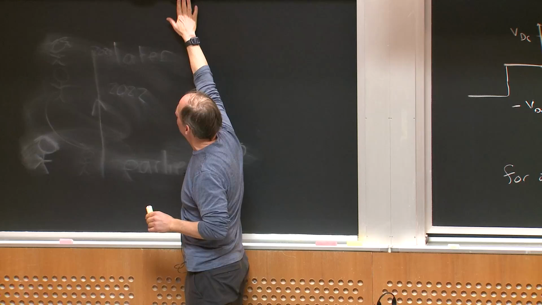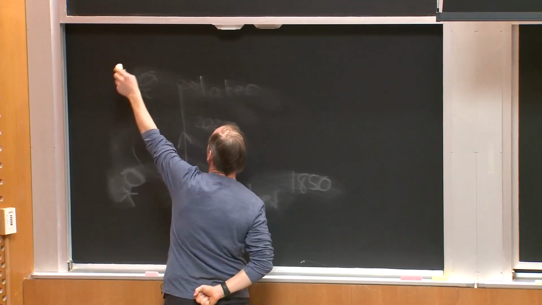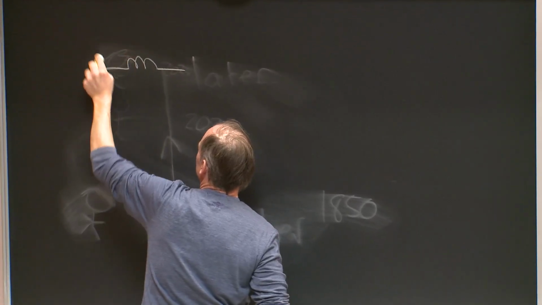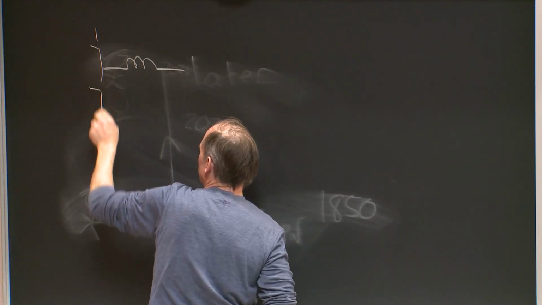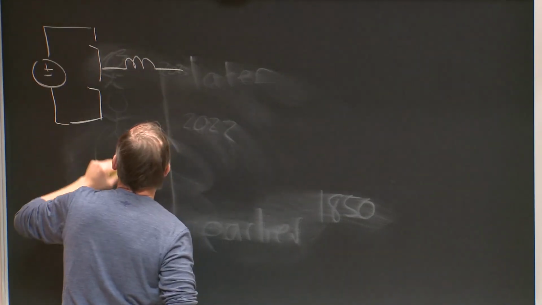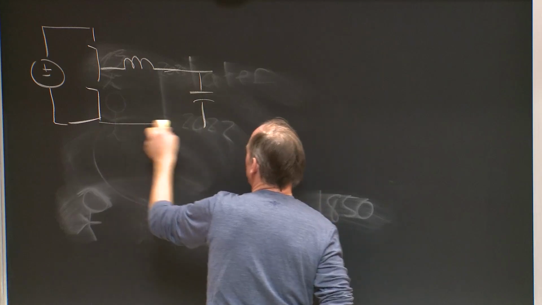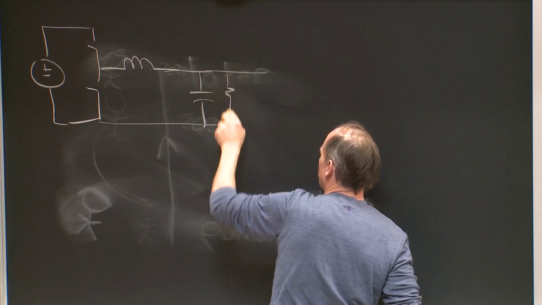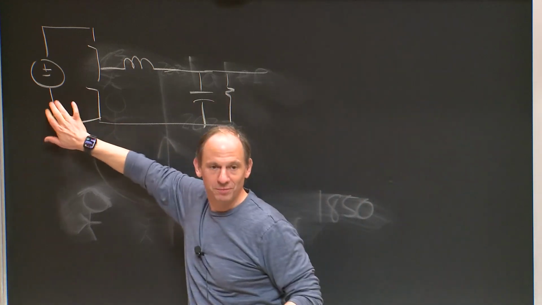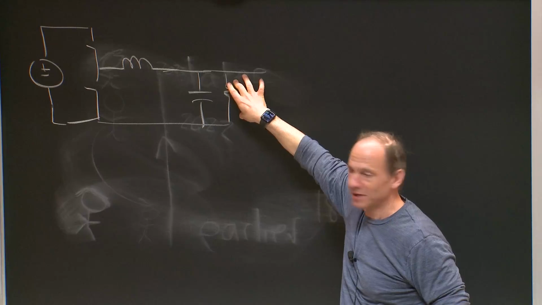Suppose I had a buck converter that looked like this. And here's my output capacitor, and here's my load. Maybe this load is a microprocessor. So maybe this is the 12 volts input, and I'm delivering voltage to my microprocessor, right?